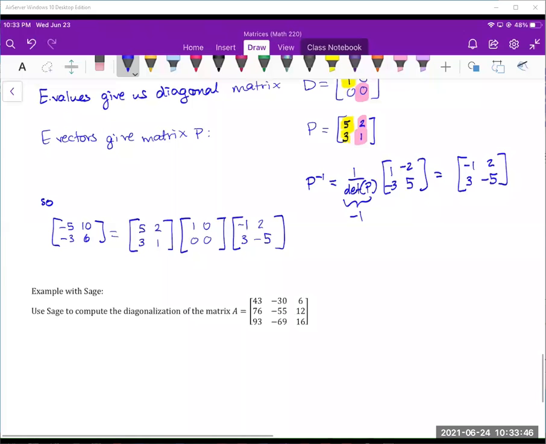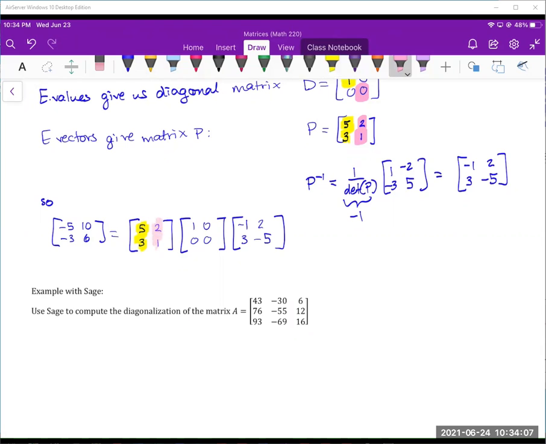Here we see some good geometric information. The first column is in the direction 5, 3. What does this matrix multiplication do? It just preserves that eigenvector. Everything along that line just stays put.